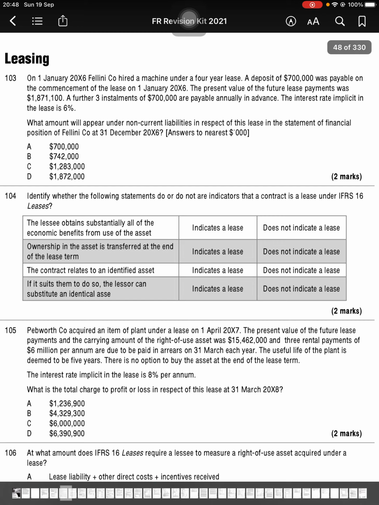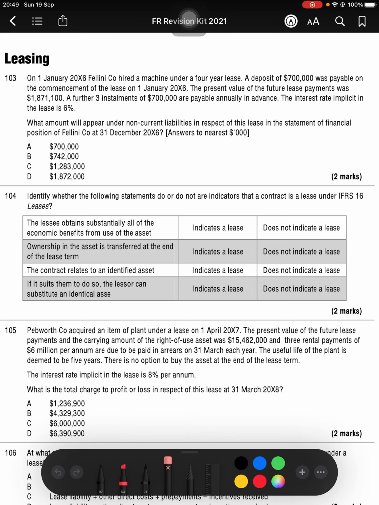So basically, while doing the questions, the main thing is that firstly we should understand what the question's requirement is. In this question, it asks what amount will appear under non-current liabilities as at 31st December 2006.